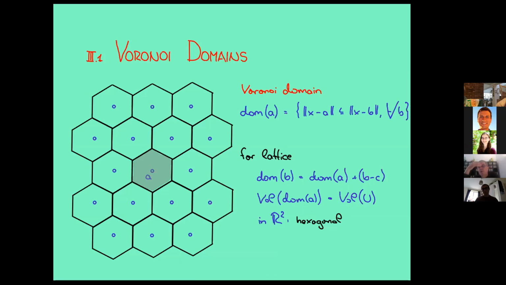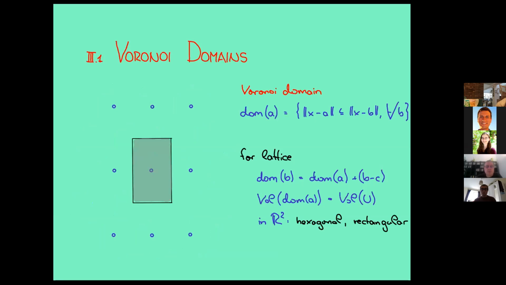So since they both cover without overlap the three-dimensional space, they should have the same volume. And typically, the Voronoi domain in the plane of a point would be a hexagon. And non-typically, it could also be a rectangle, like so.